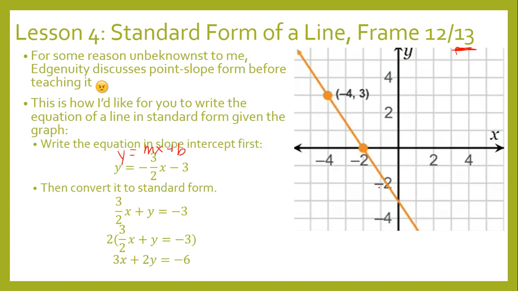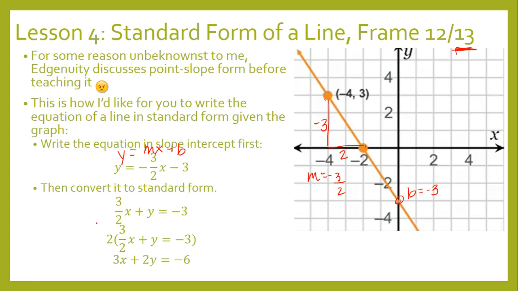And looking at this graph, we can identify b is negative 3, and my slope is down 3 spaces and to the right 2. So m equals negative 3 halves. Okay, so we substitute those values into our formula and we have our equation.